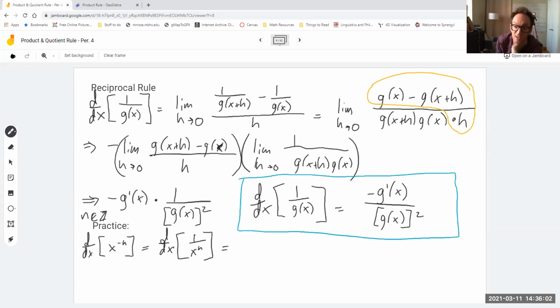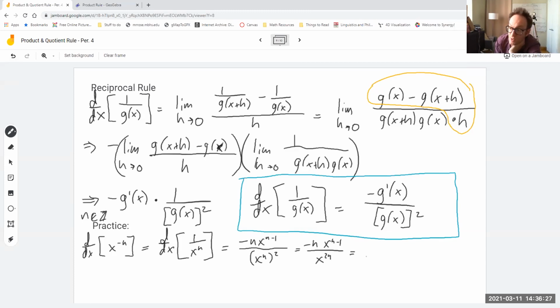And I know how to now differentiate 1 over a function. It's the opposite of the derivative of that function over the function squared. What's the derivative of x to the n? It's n x to the n minus 1, over x to the n squared. And so that becomes negative n x to the n minus 1 over x to the 2n.